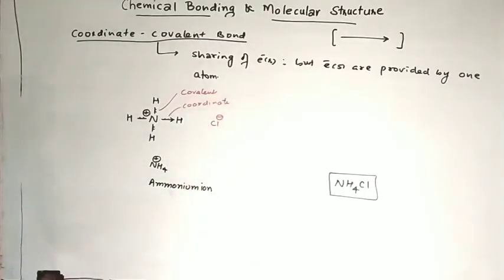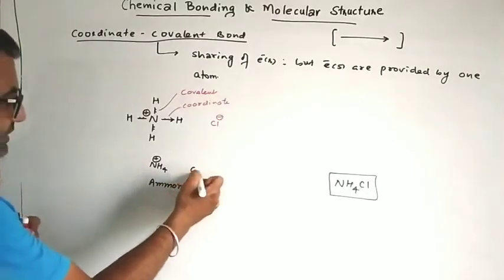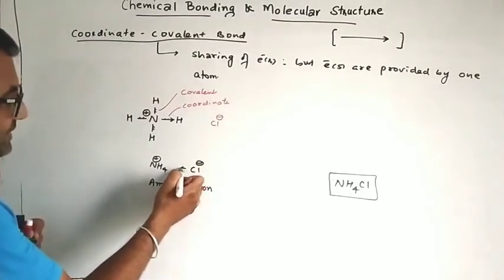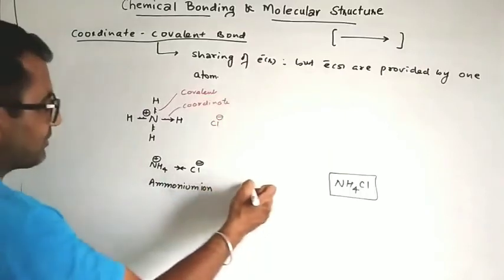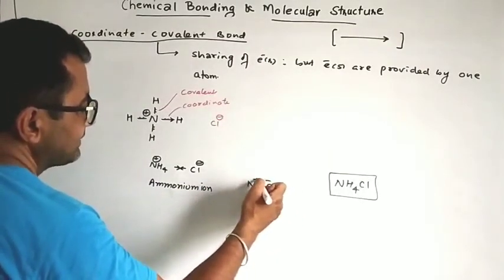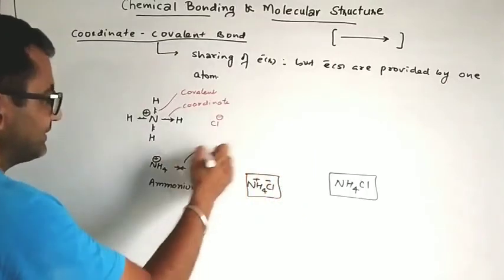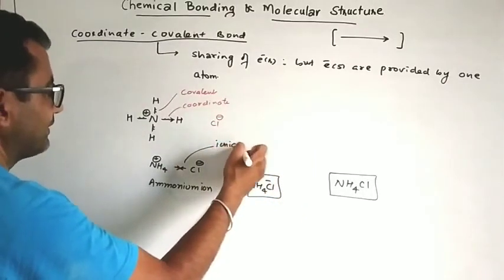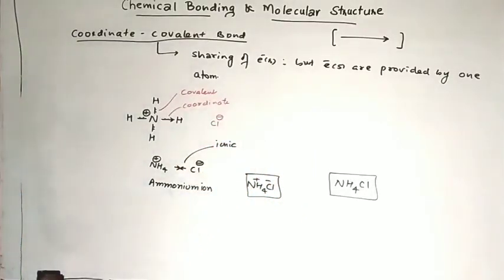So when a chloride ion has a negative charge, it means these two ions attract each other. So the bond between ammonium ion and chloride ion is ionic. So this bond is ionic. That's why ammonium chloride has all the three types of bonds: covalent, coordinate, as well as ionic.